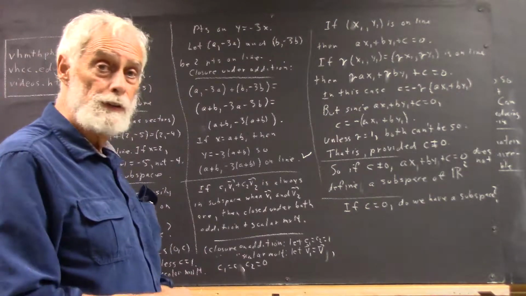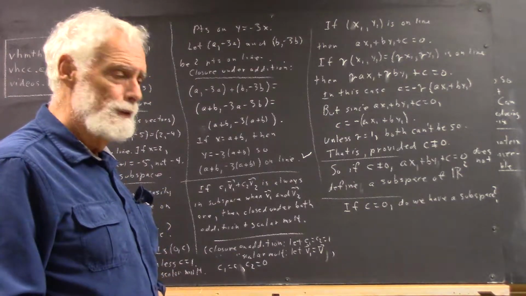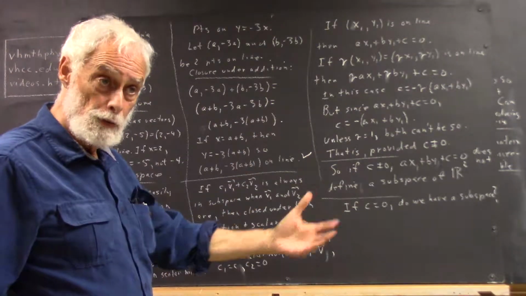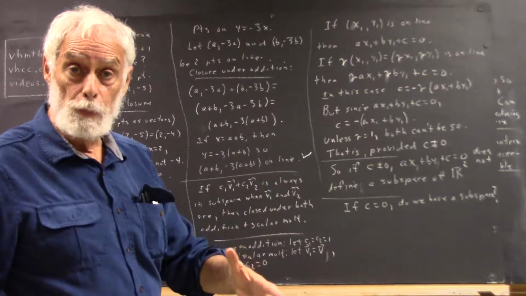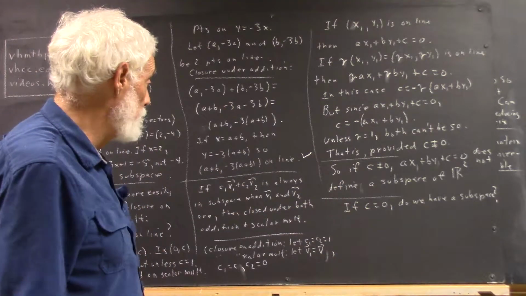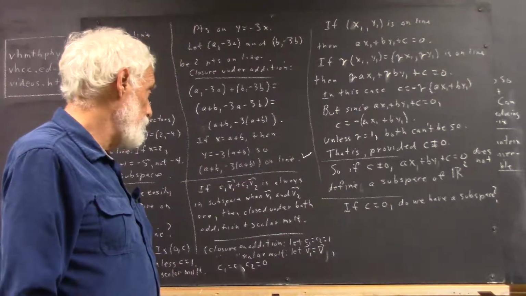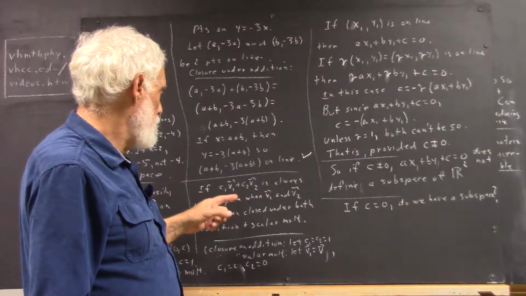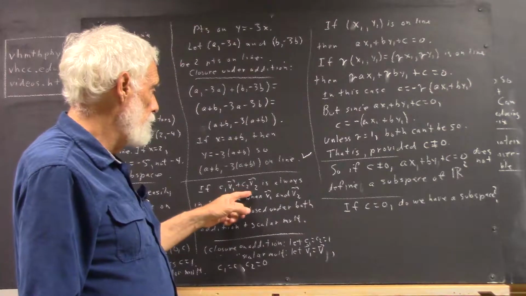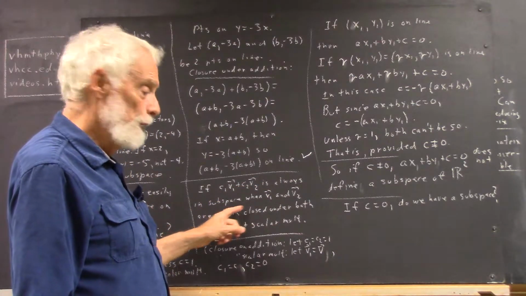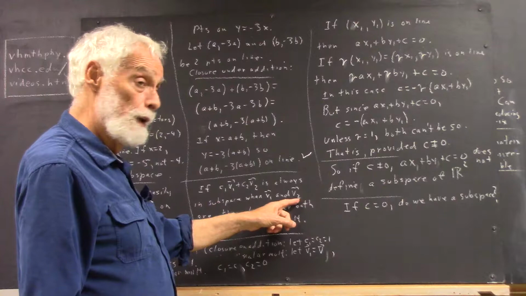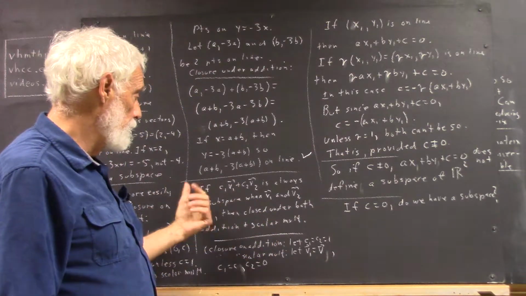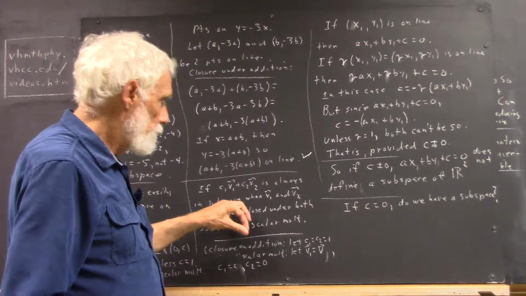And in most cases, that test is easy enough to verify, just about as easy as verifying either of the other two. So since it gets both of them at once, it's very useful, but we have to be sure that it works. So I'm going to say that if c1v1 plus c2v2 is always in the subspace whenever v1 and v2 are, then we have closure under addition and scalar multiplication. So I'll explain that next.